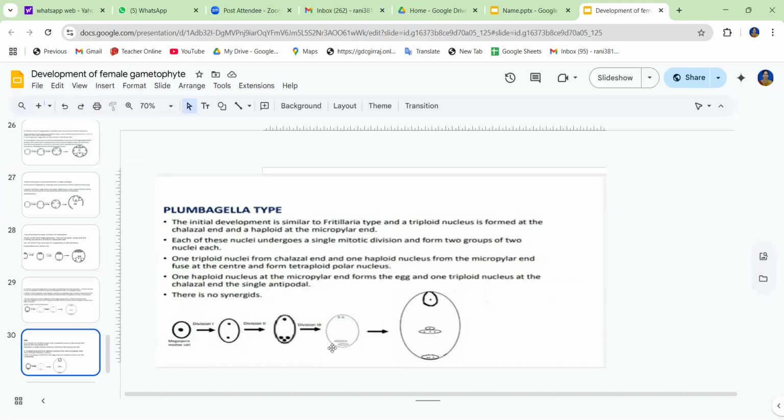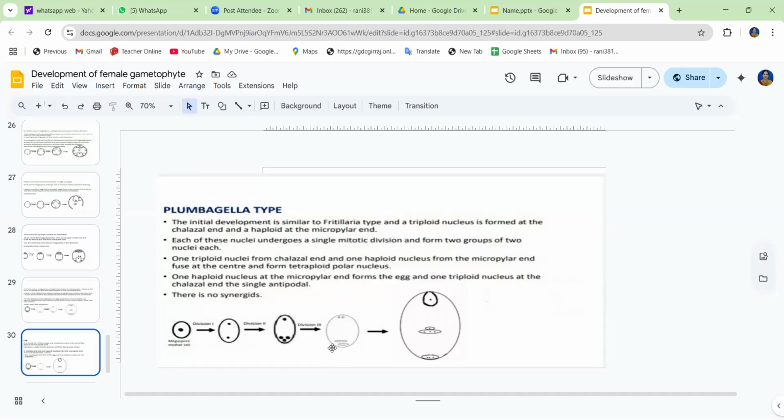In this type, the 4 megaspore nuclei arrange as 1 plus 3. So 1 nucleus is at the micropylar end and 3 nuclei at the chalazal end. The 3 nuclei of the chalazal end fuse together to form a single triploid nucleus.